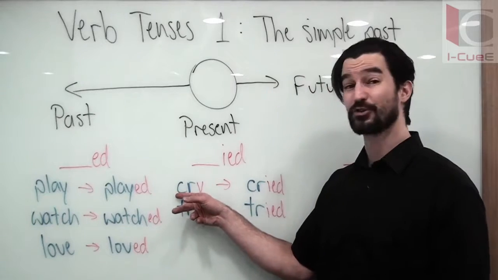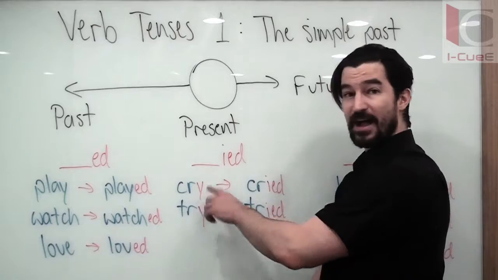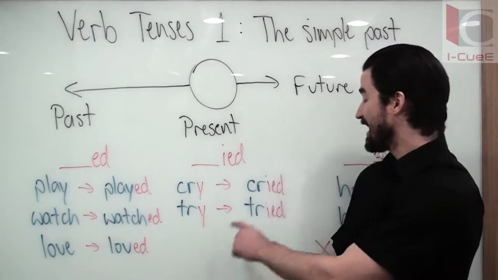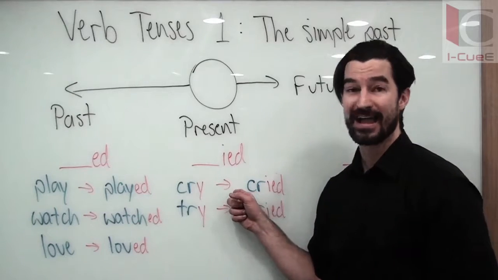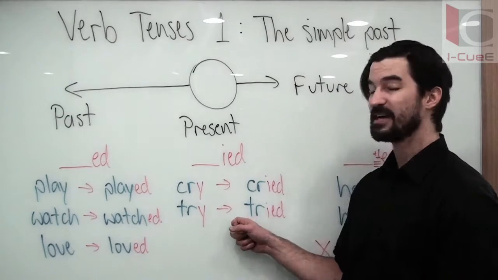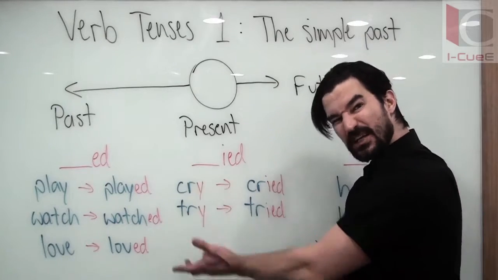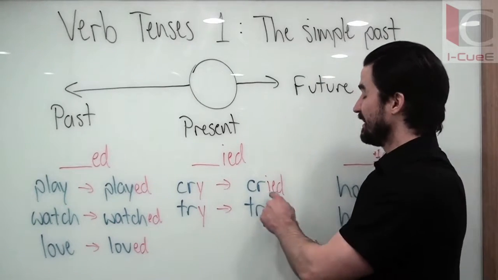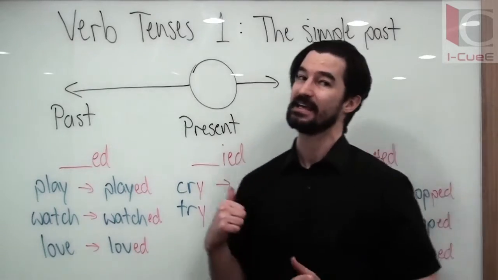For words like cry and try, the rule is we drop the Y and add IED. So cry becomes cried. Try becomes tried. Especially with these little three-letter words, which are very common, IED is the rule. Drop the Y, add IED.